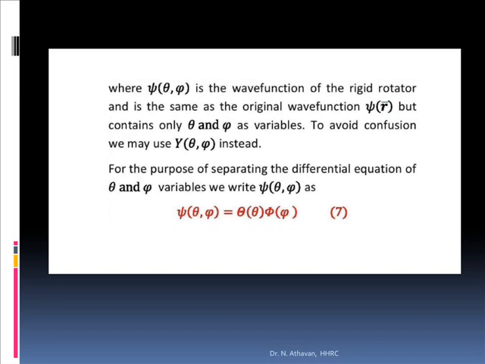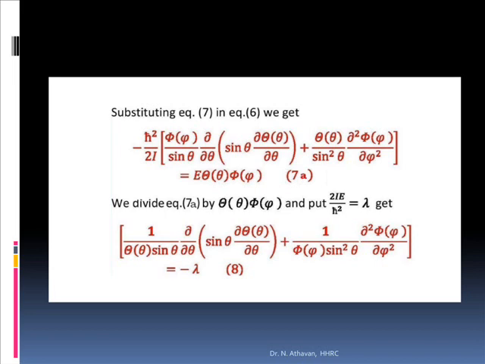For that, we write the function psi or Y of theta comma phi as Theta of theta into Phi of phi. Substituting this expression in equation 6, we get the equation given in 7a.